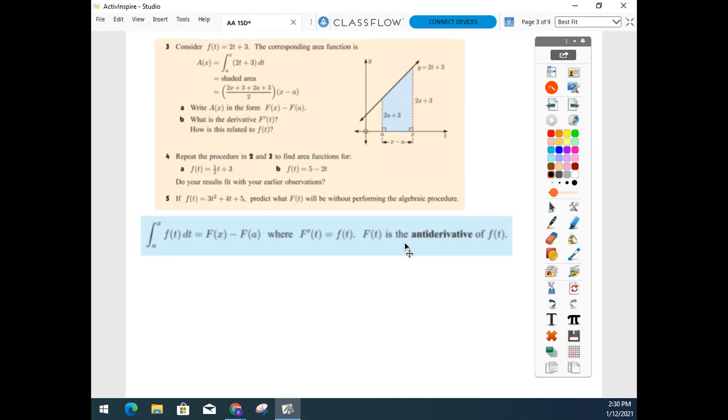Notice what this is saying is the capital F is the antiderivative.